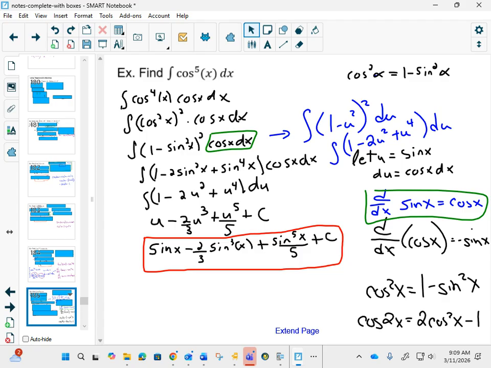But seeing lots of strategies opens up your idea for what you could do. So here, you have a cos to the 5x, right? I know that I could get a cos x by itself with the derivative of sine x. I have my identities, so maybe I work with those and do some substitution.